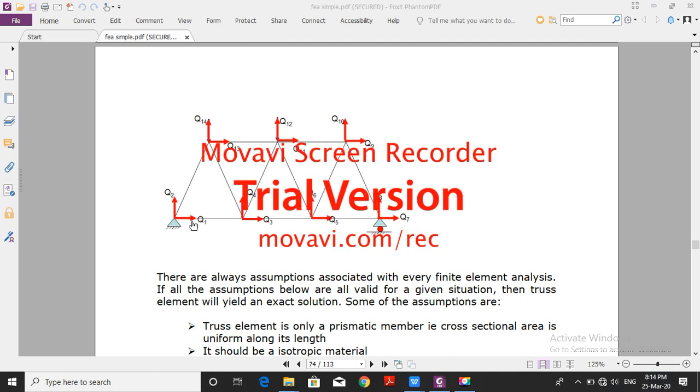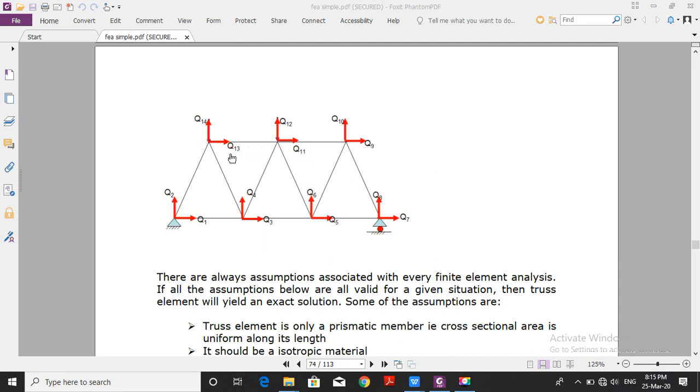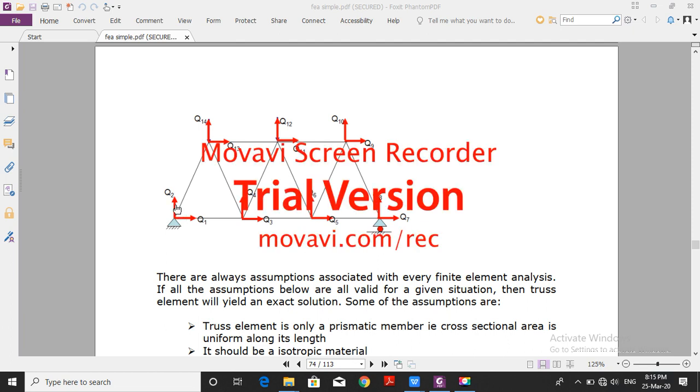As you can see, q1, q2, q3, q4, q5, q6, q7, q8 and up to q14. So why is it so? Because q1 is the deflection of node number 1 in x direction, and q2 is the deflection in y direction at node number 1 itself.